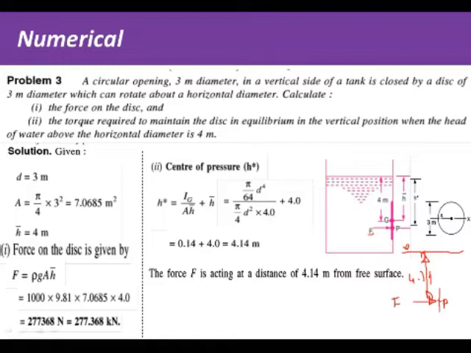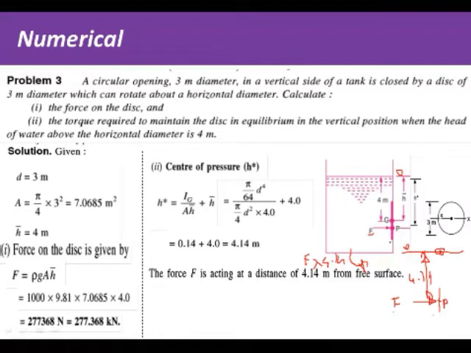If you consider the moment about this point O, the moment acting on the left side of the plate will be F into 4.14, and it will be acting in anti-clockwise direction. Because of this torque, the gate is going to open.